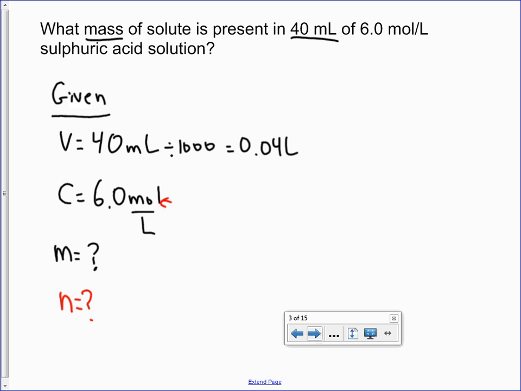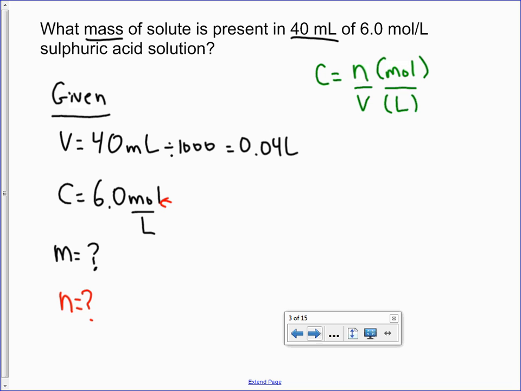So now, to figure out how many moles of sulfuric acid we have, we come back to that concentration equation, where concentration in moles per liter is equal to number of moles divided by our volume. So remember, when we talk about moles, we are dealing in units of mole divided by our units of volume, which is in liters.